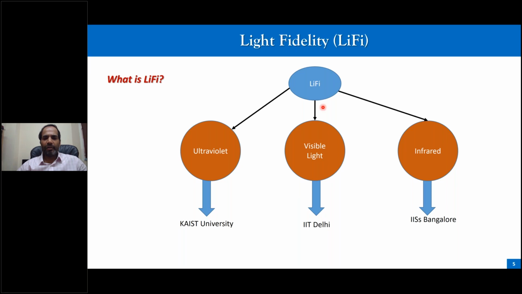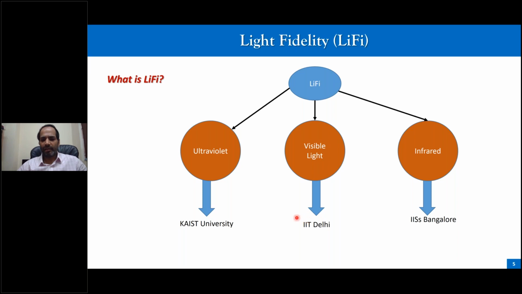As I have said, Li-Fi is about light communication, and light communication depends upon which frequencies you choose for communication. If you choose ultraviolet, then you have a Li-Fi system which uses ultraviolet. You can have visible light for communication, or you can have infrared for communication. Typical examples of the universities where these systems are considered: ultraviolet Li-Fi systems are considered at KAIST University in Japan.